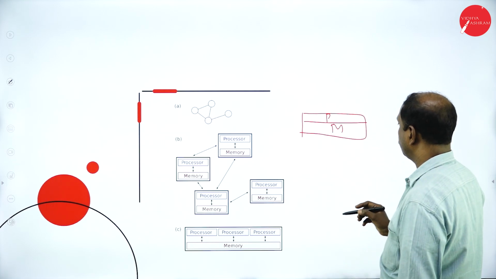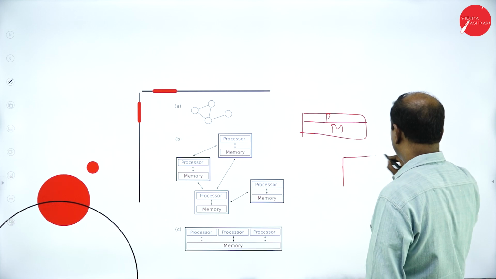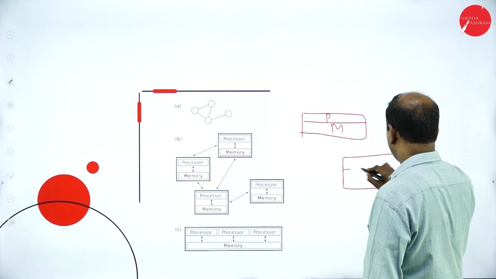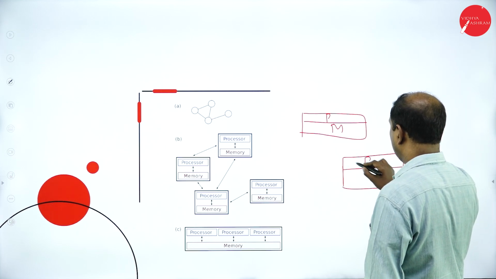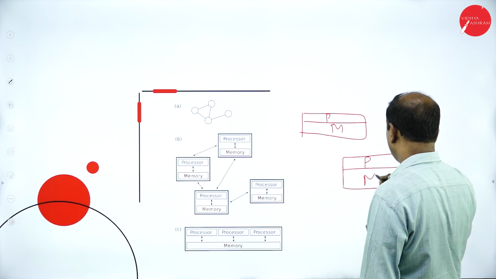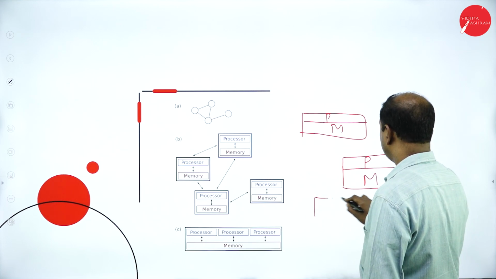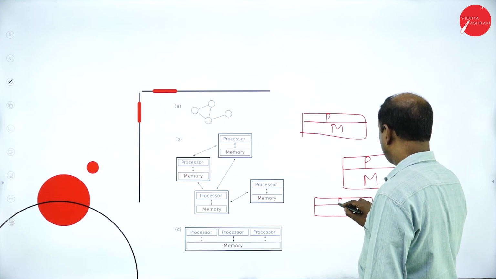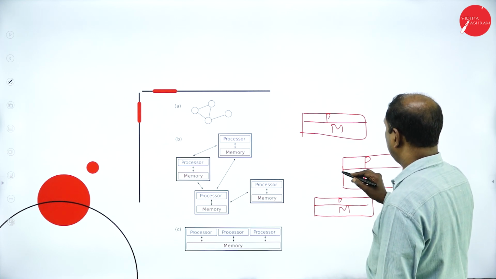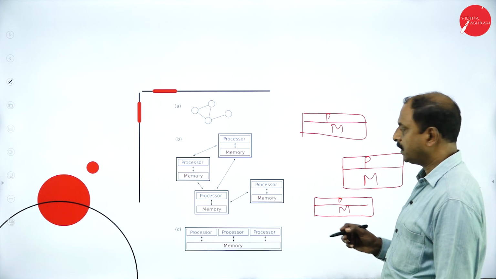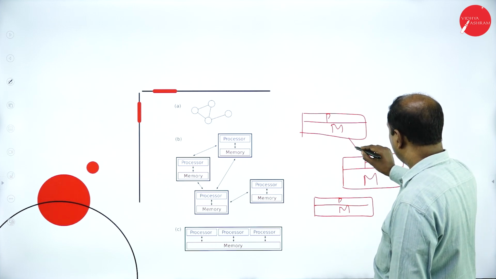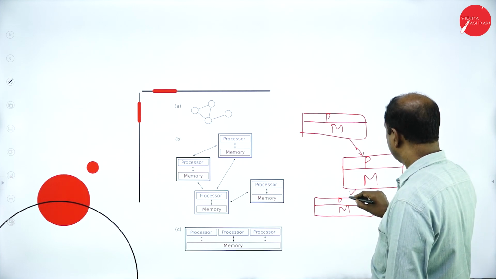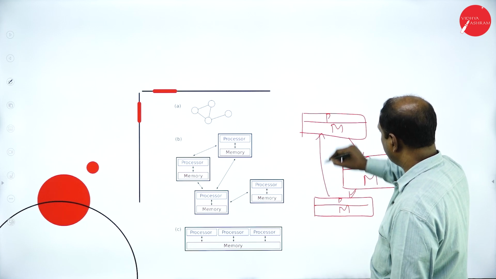Similarly, this is another computer with a processor and memory, and you can assume one more computer here with a processor and memory. All these individual systems are connected in the form of a network, so all these are interconnected.